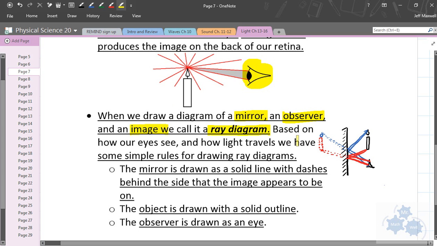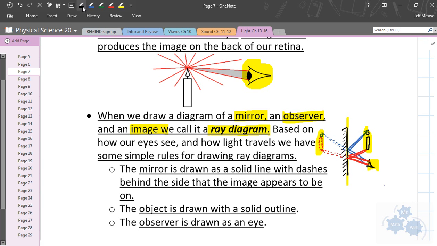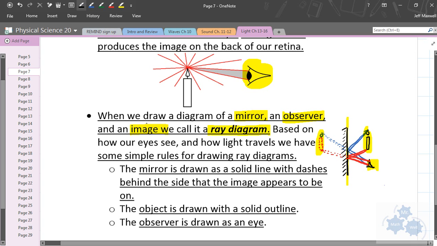And we're also going to draw the object as well. So you see the eyeball, you see the mirror, you see the object and the image. So you should put object in there as well. Mirror, observer, image. You don't have to have the object in the diagram, but we always will. So let's just write object.